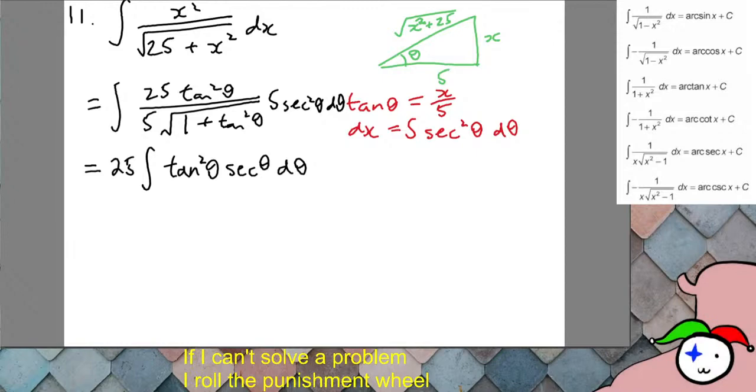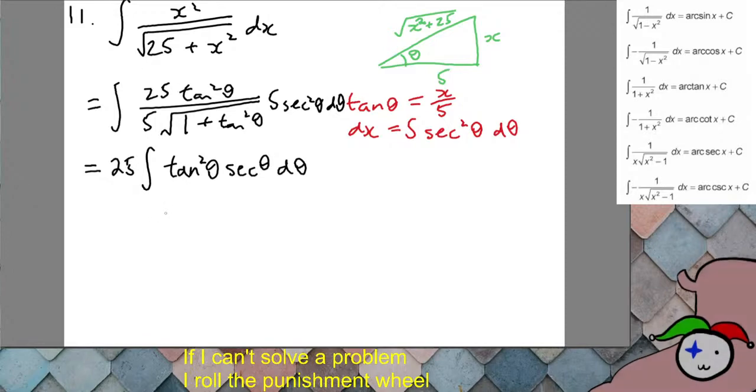The derivative of secant is secant times tangent. And how does that help us here? You might ask, and I would say that's a good question. Maybe we can use the product rule.